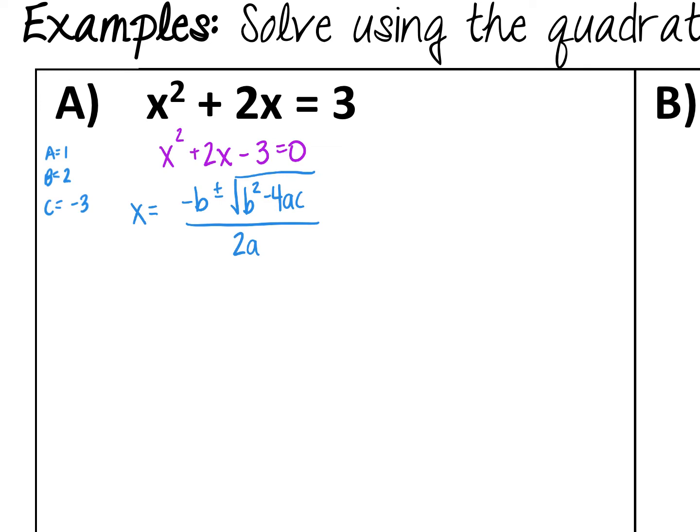Negative b. So that's the opposite of b. So negative 2 plus or minus square root of 2 squared minus 4 times a times c, all over 2 times 1.